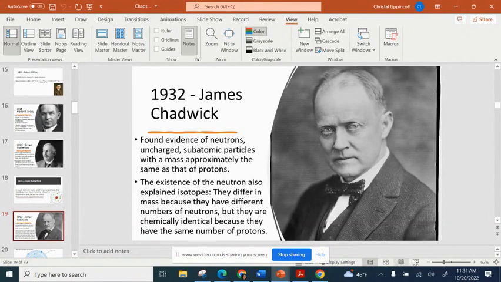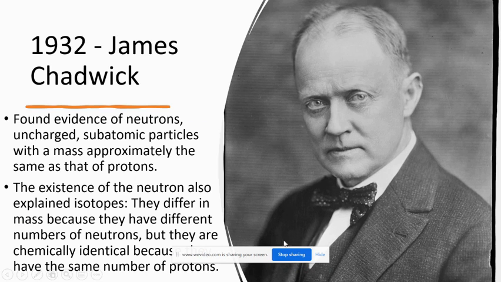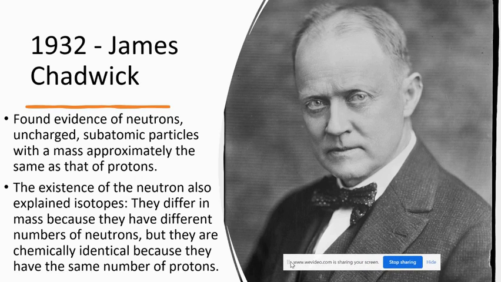Nice looking fella here. Okay, so he is the one that was responsible for finding neutrons. And we're going to learn in the next few days about how we calculate and determine if we have something called an isotope.